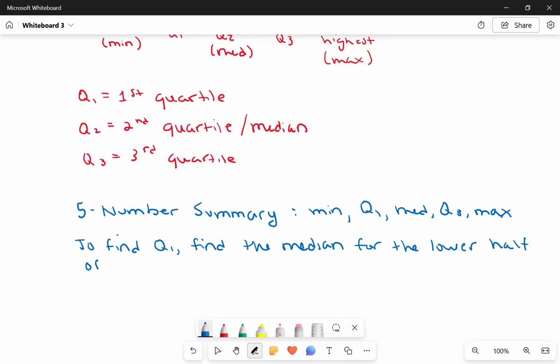Lower half of the data. So when you look at the data to find the median, you literally split the data in half because you found the median. You'll take the lower half and you find the median of that. That's Q1. To find Q3, you find the median of the upper half.